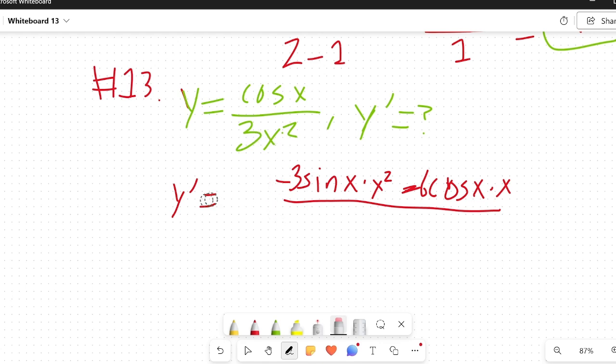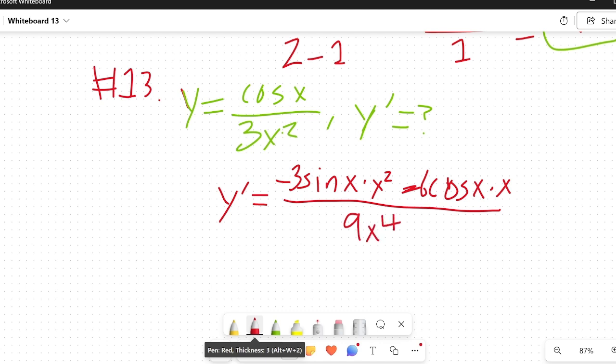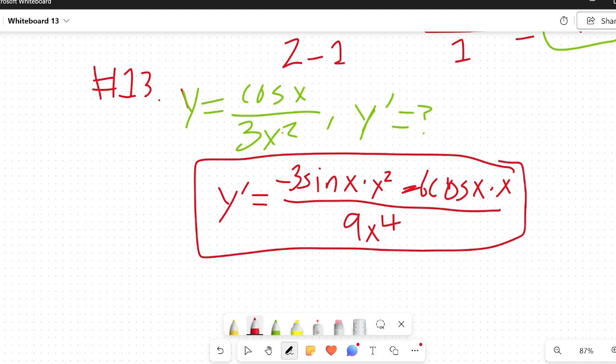That equals 9x over 4. Just know that we can't simplify this any further, right? And you can see why quotient rule can be very messy. Hopefully you won't see a lot of this on the AP test, because this could get messy very quickly.